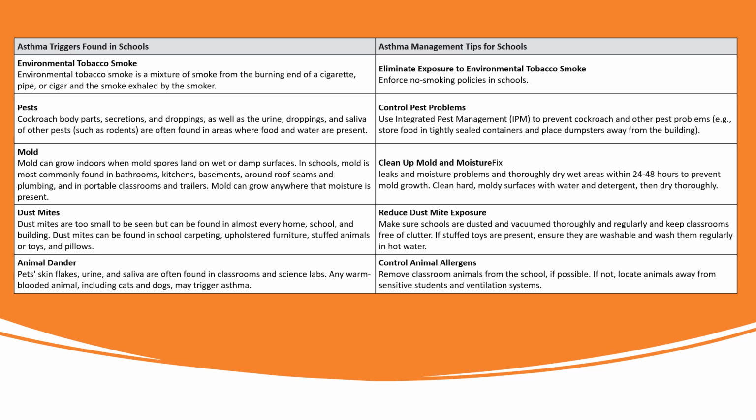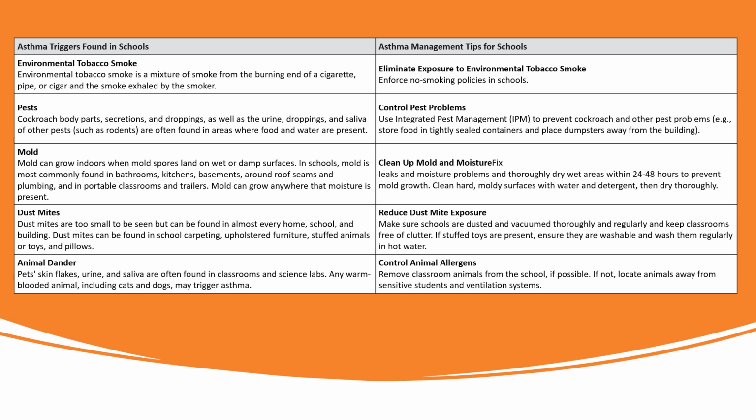Again, you talk about environmental tobacco smoke, pests, voles, dust mites, and animal dander. So on the left-hand side are triggers found in school, and what are the management tips for schools? Schools should eliminate exposure to environmental tobacco smoke.